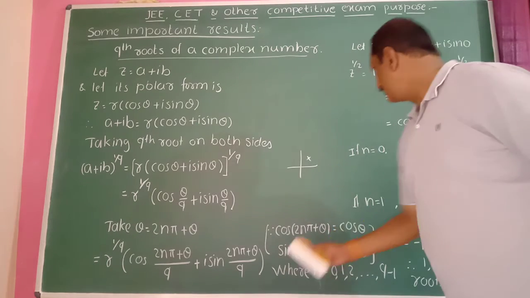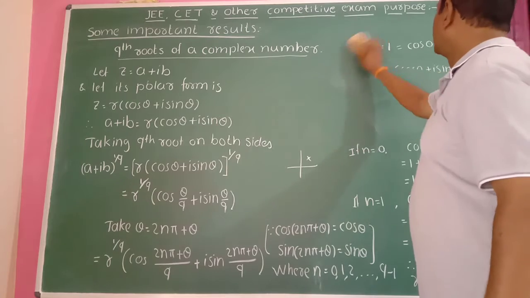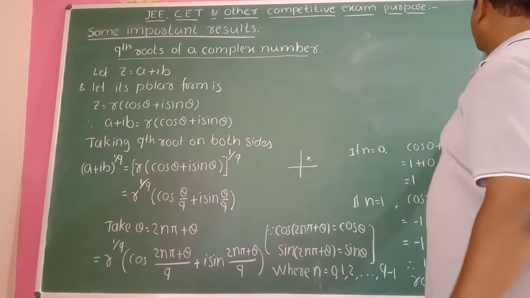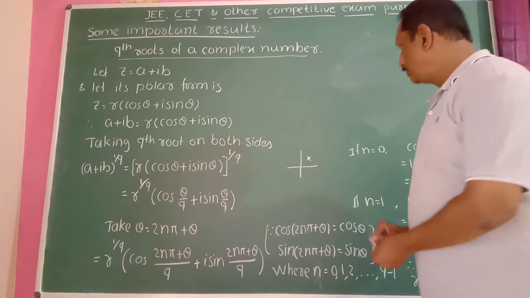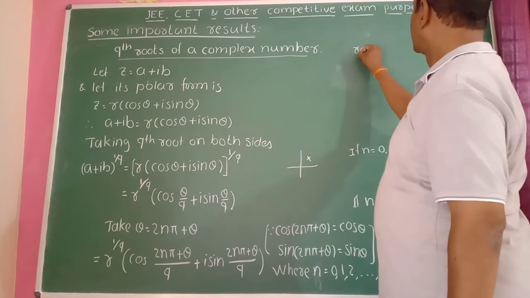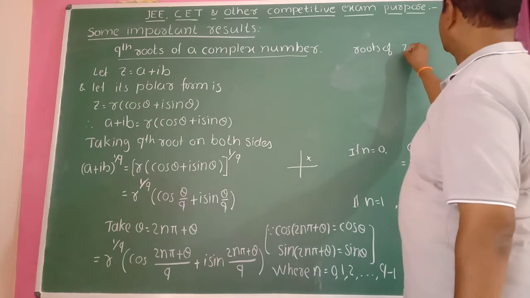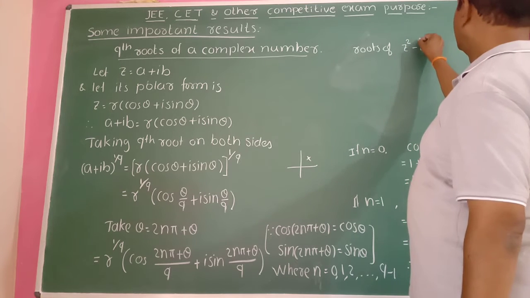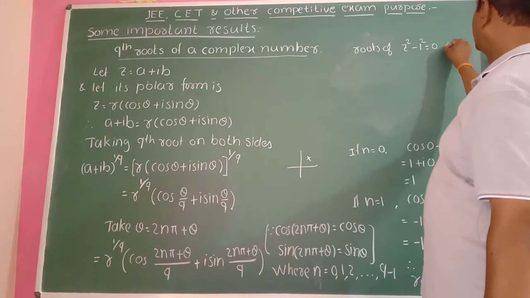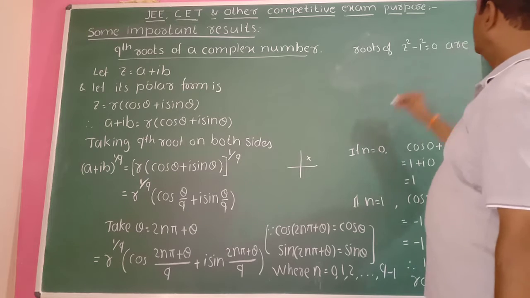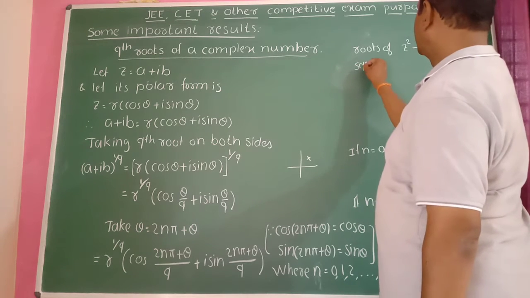So similarly, we can write like this also. The roots of z square minus 1 is equal to 0 are the square roots of unity.